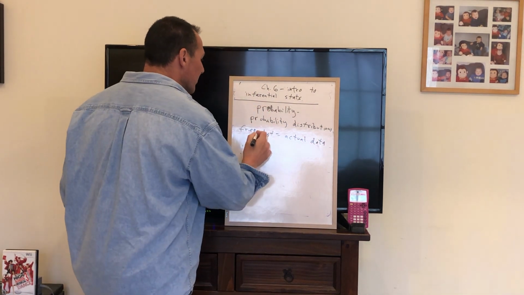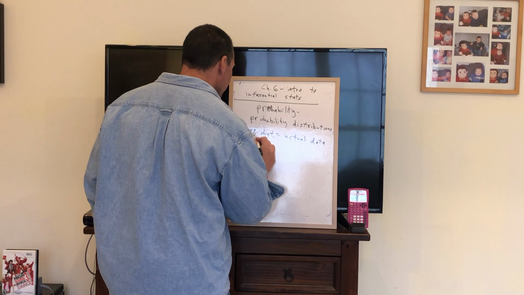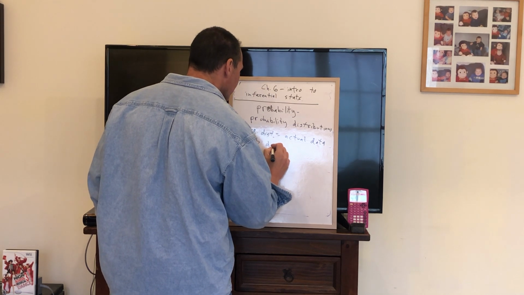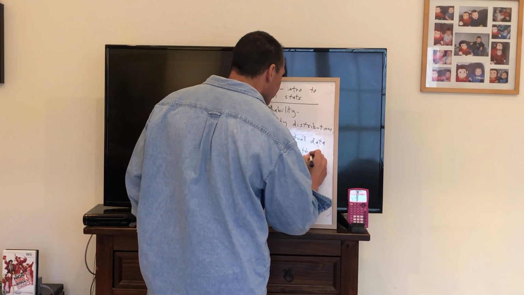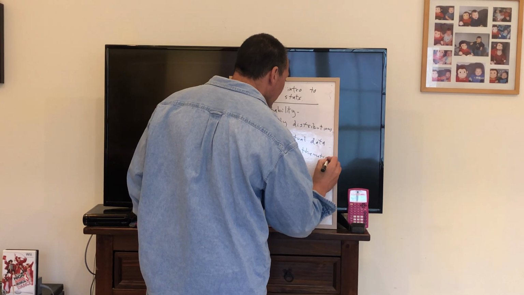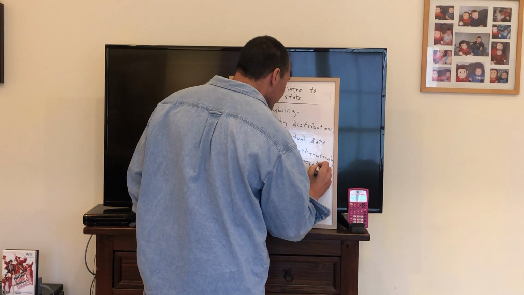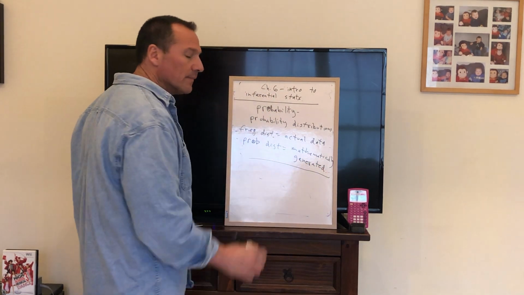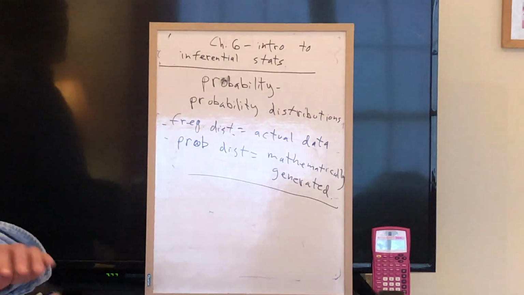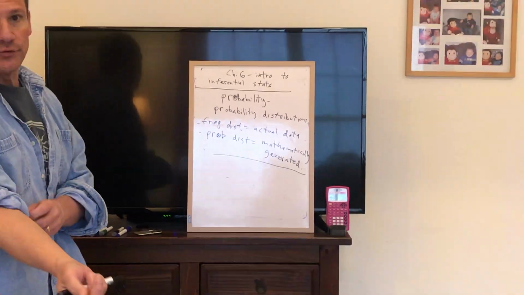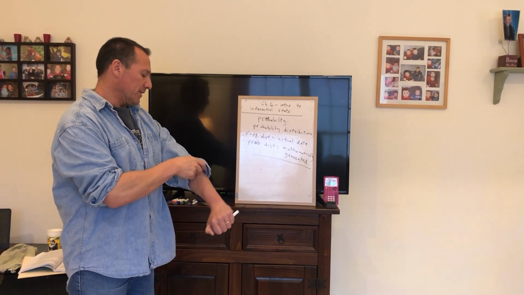So a frequency distribution corresponds to actual data, but a probability distribution is mathematically generated, and it's used in our field for inferential statistics.